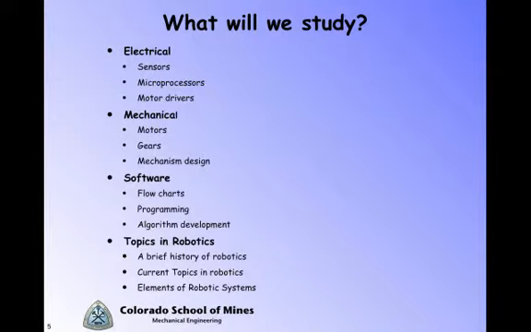And mechatronic systems are made up of subsystems that include electrical and electronics, mechanical subsystems, and software. And software is really the elixir that makes it all work together. But in any case, I talked about these different topics within each of those subtopics that we're going to cover. And so that's what we're going to be doing.